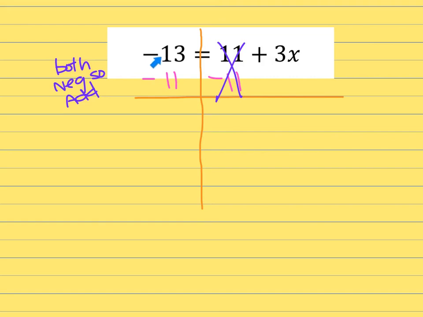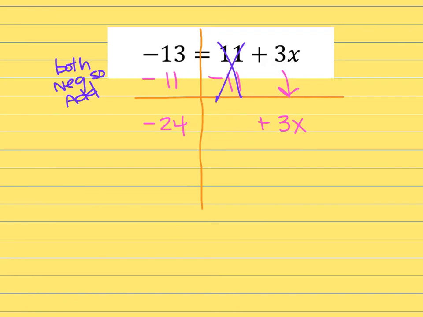Negative 13 and negative 11 makes negative 24. So let's put that in. Negative 24. Then on this right side, I still have positive 3x, so I'm going to bring that down. Positive 3x.